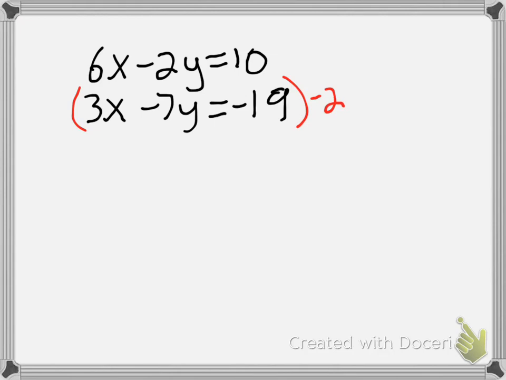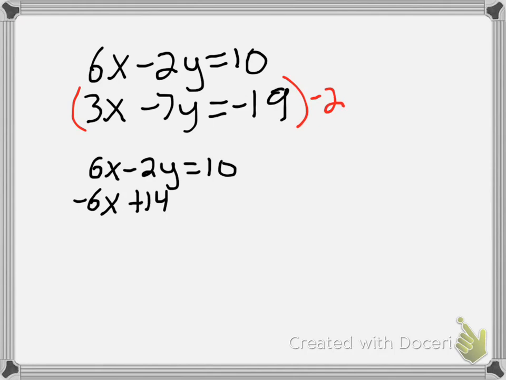Okay, so in this one, once I go through and I multiply the bottom equation by negative 2, my top equation in this case is going to stay the same. My bottom equation is going to be negative 6x plus 14y equals positive 38.